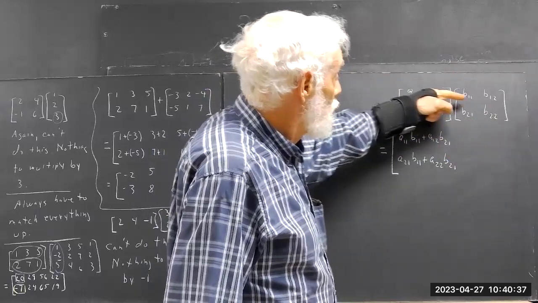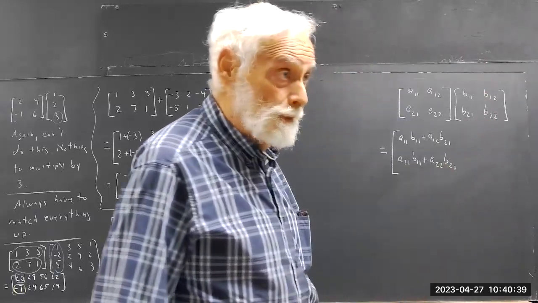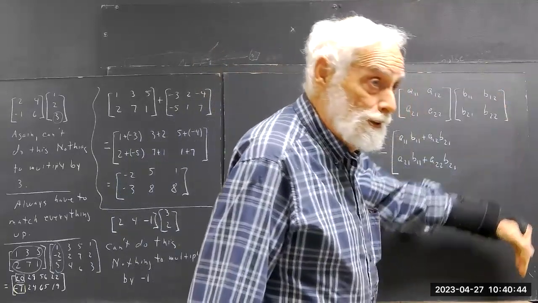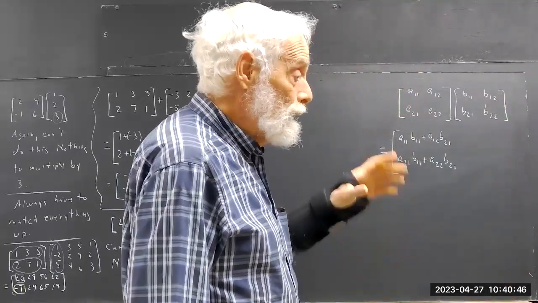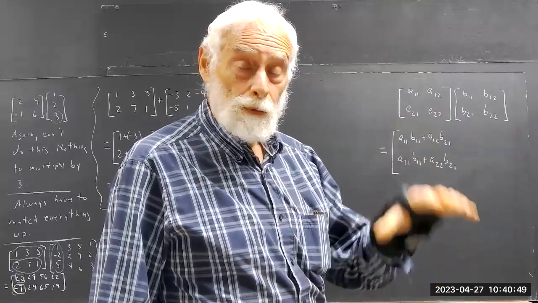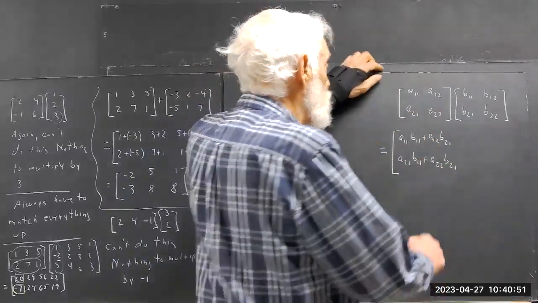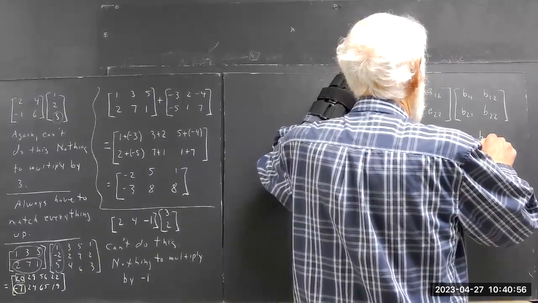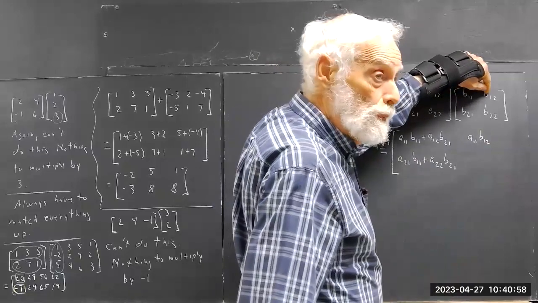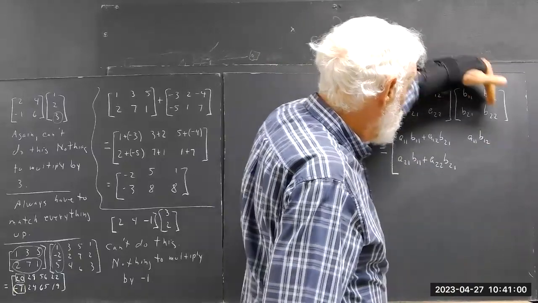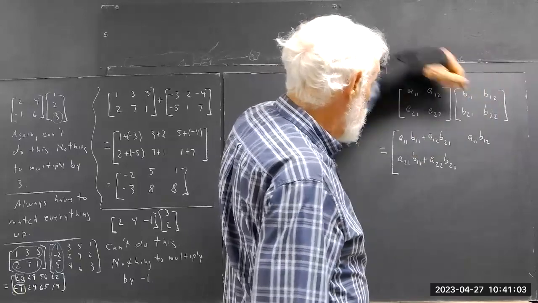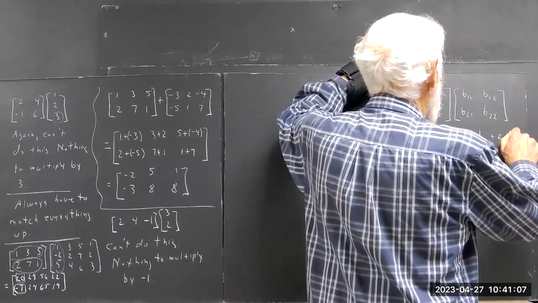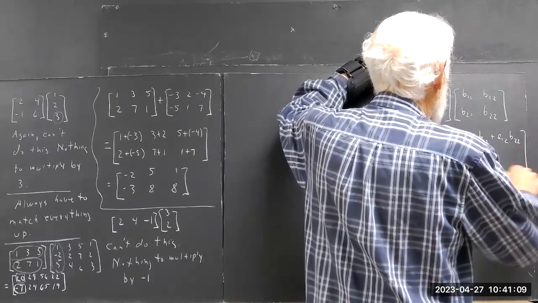There's a second column because you got to multiply these two, right? So we do the first row times the second column. Where's that going to go? It's going to go in the first row in the second column. Okay. It always goes in the corresponding row and column. Okay, so we do A11 times B12, first row times the second column, and A12 times B22.